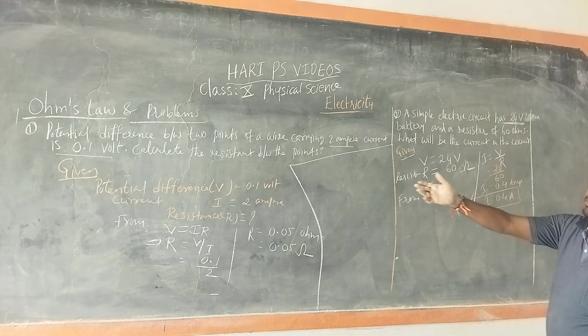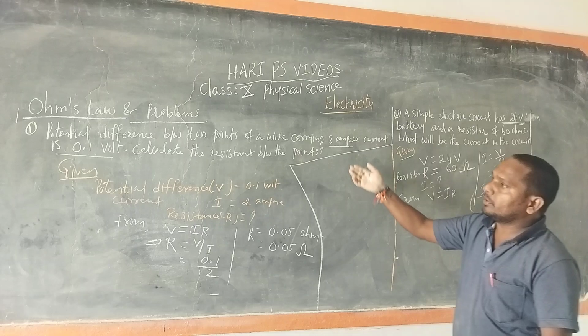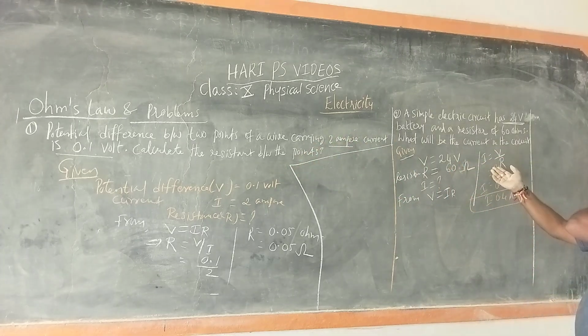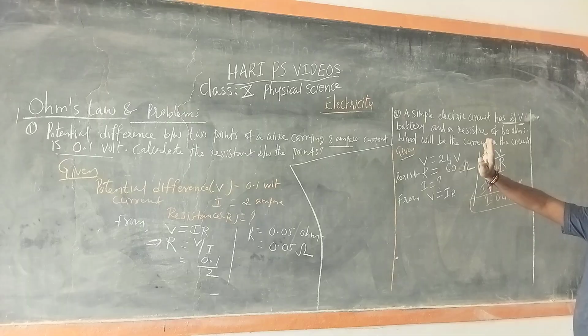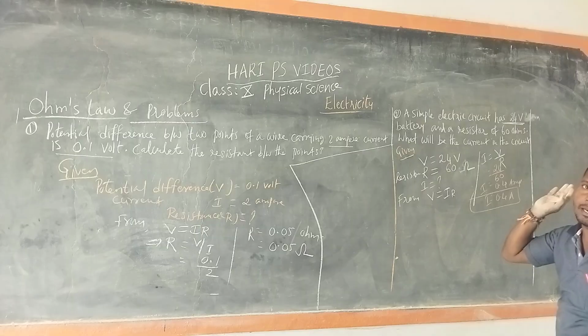In the first problem, given potential difference and current, we calculated resistance. In the second problem, given voltage, nothing but the potential difference, and resistance, we calculated current.